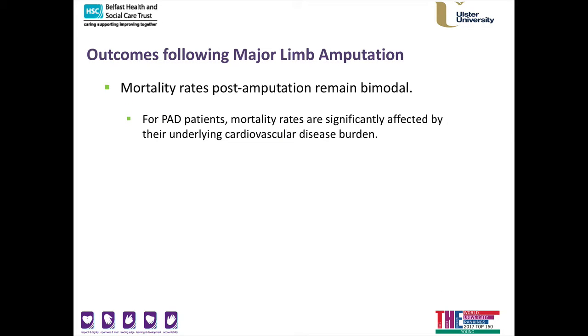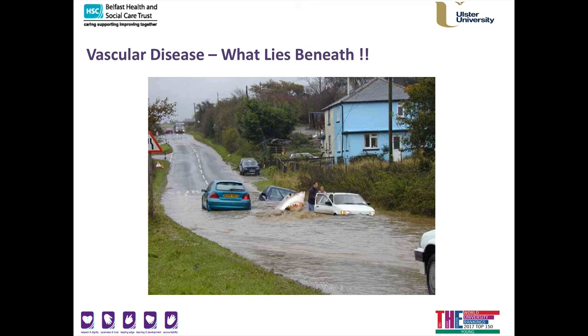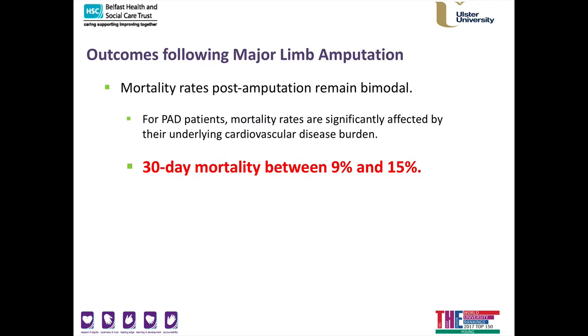So for peripheral arterial disease, again, it's all based on cardiovascular load. If they have a very bad cerebrovascular, cardiovascular system, that will usually be the cause of their underlying demise rather than their lower extremities. So it's really what lies beneath in our patients. Outcomes following major limb amputation are still dreadful.